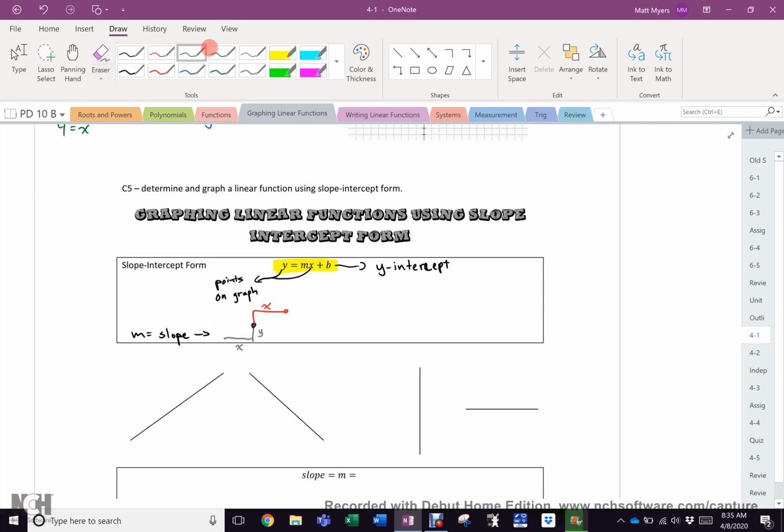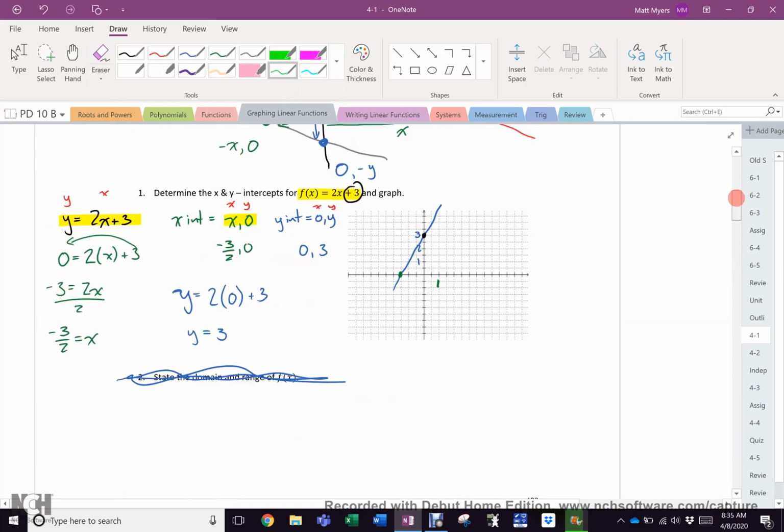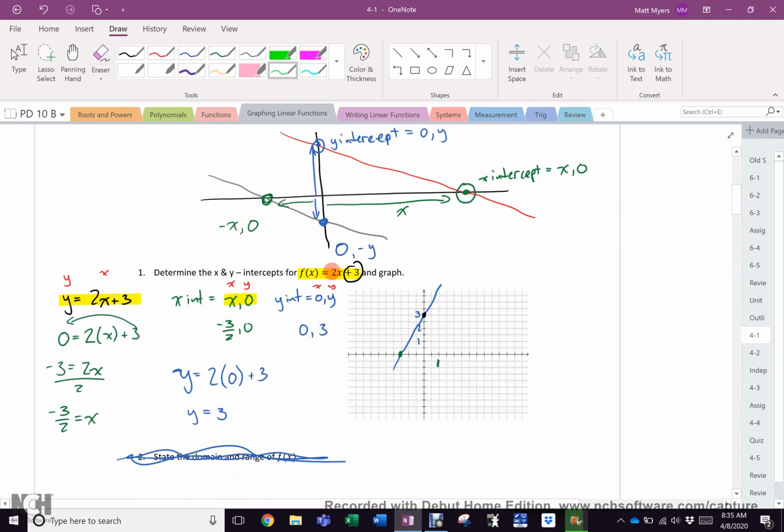Then, and only then, have we made a line. So let's have a look here. 2. Well, if I go up 1, 2, 3, 4, 5, 6, then I go over here 1, 2, 3, I went up 6 and to the right 3. What if I start here? Well, then I go down 6 and to the left 3.